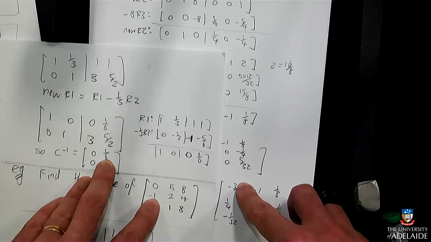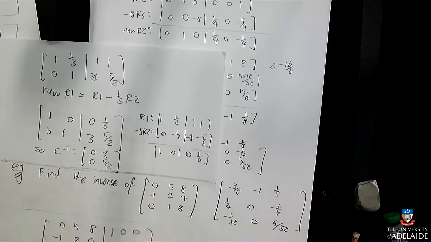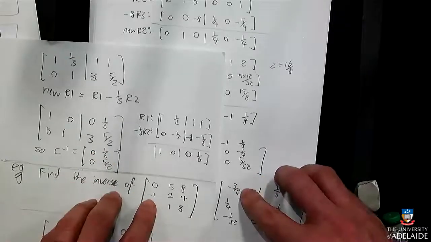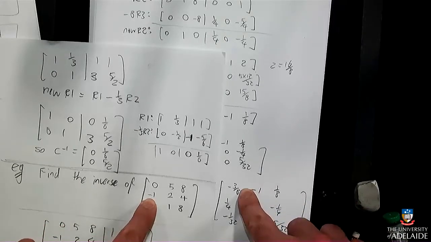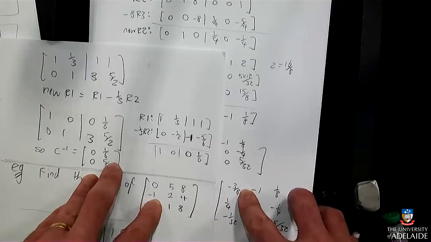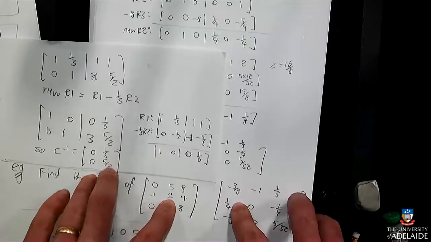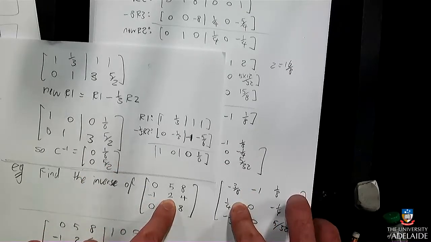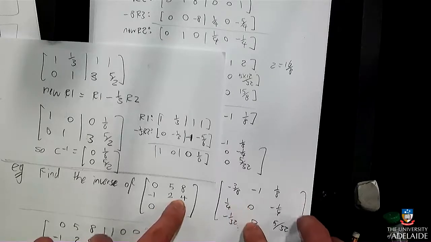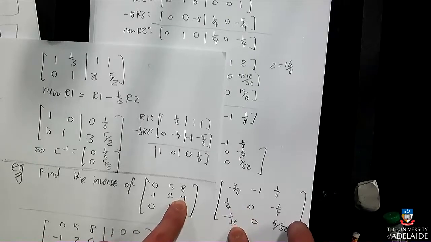So plus 3/8. Well, something's going wrong here. So minus 1 times minus 3/8 is 3/8 plus 2 quarters, which is 4/8. So I have 3/8 plus 4/8 is 7/8. Minus 4 over 32, which is 1/8.